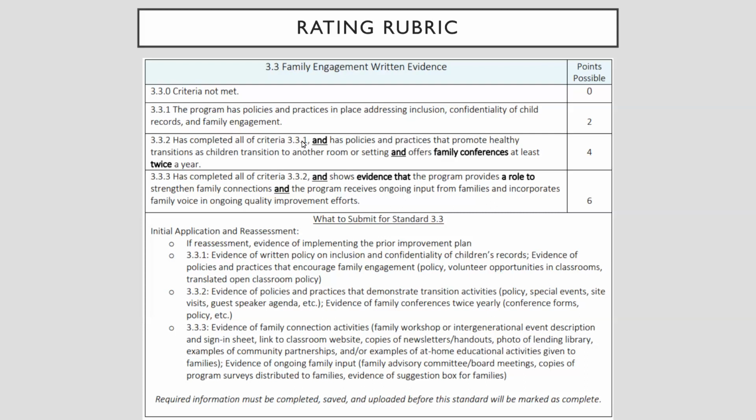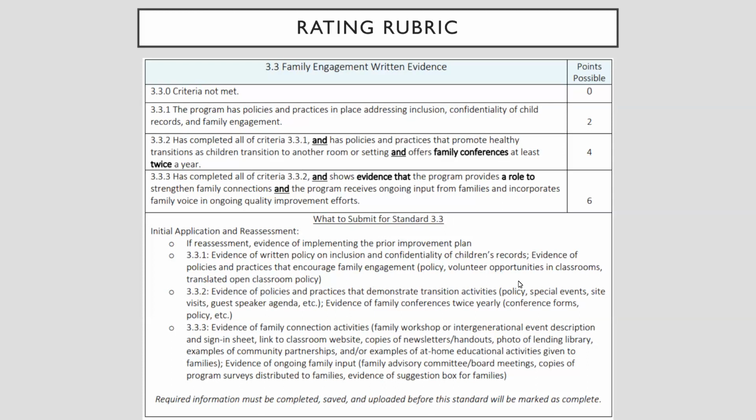So here you've completed the information above, and in addition to that, you also have policies and practices that promote healthy transition as children transition from one room or setting to another, and you're offering family conferences at least twice a year. Again, this gives you evidence at the bottom of how you can demonstrate this information.